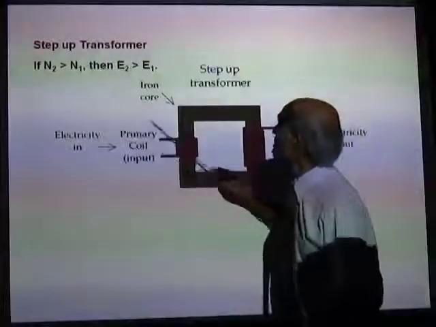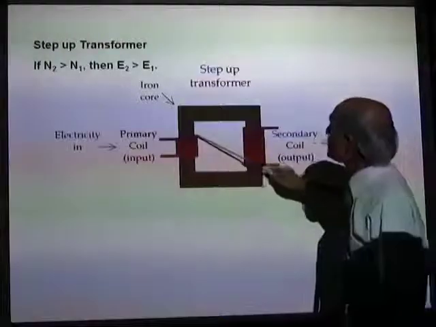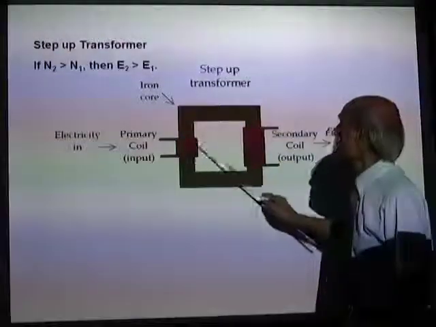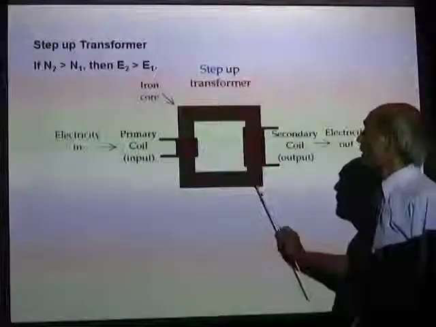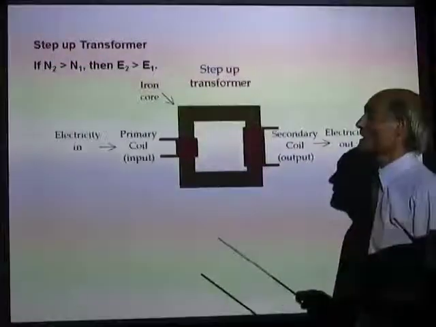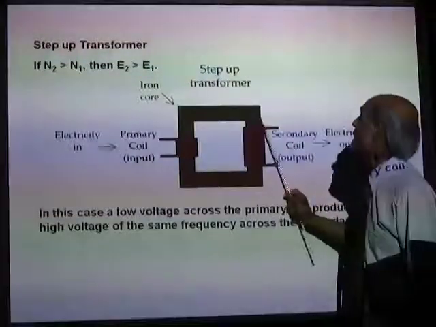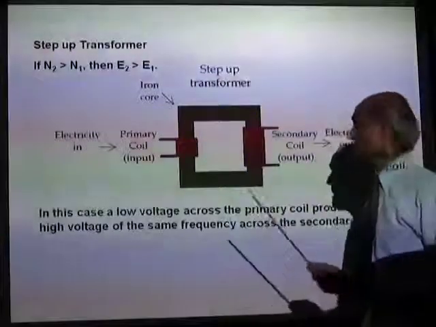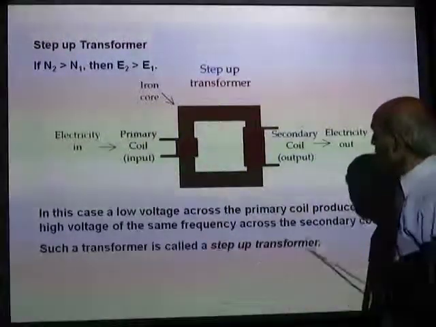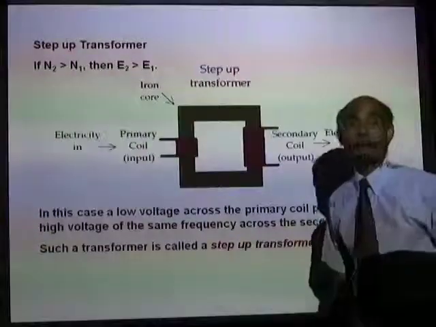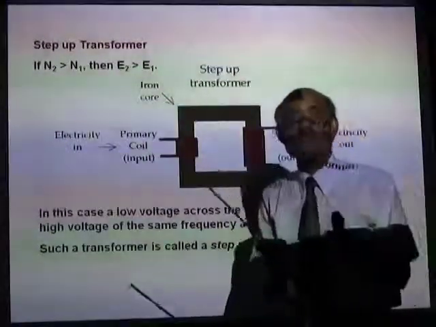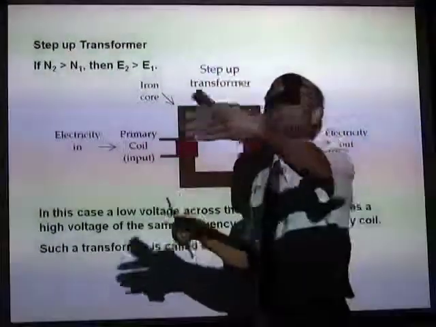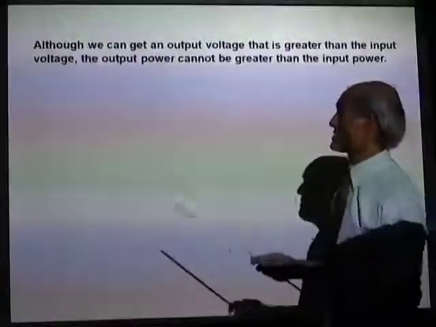So here we have a primary coil with some number of turns, and the secondary coil has a greater number of turns. In this case, you get a bigger output across the secondary, and such a transformer is a step-up transformer. You can actually use a low voltage AC and obtain a high voltage AC.